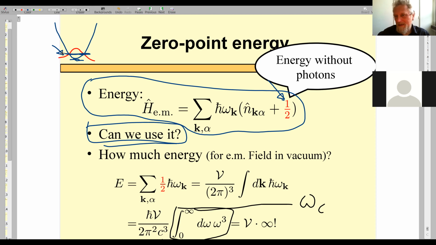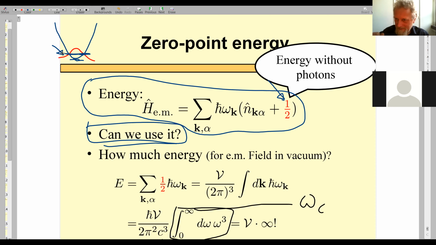All right, sure. The answer is positive. We can use this zero-point energy, but only in case we can modify the properties of vacuum.